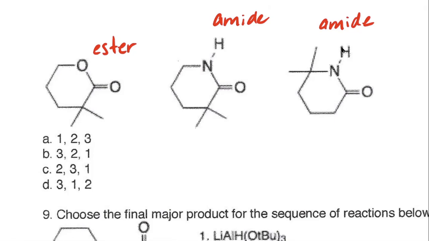I don't know if he did them in terms of reactivity or just for nomenclature, but acid chloride is going to be at the top, okay? Then we're going to have anhydride, and then I believe ester is going to come next, and then we're going to have amide, okay? And I'm not going to include the nitriles here, okay? They're kind of in their own category.